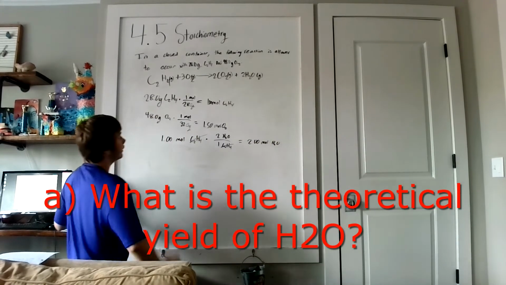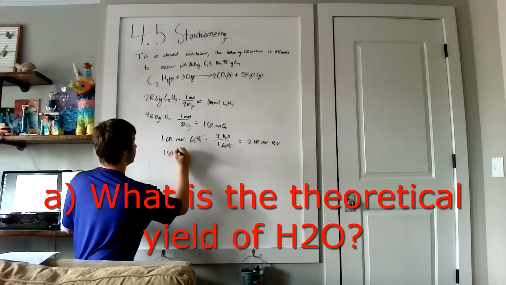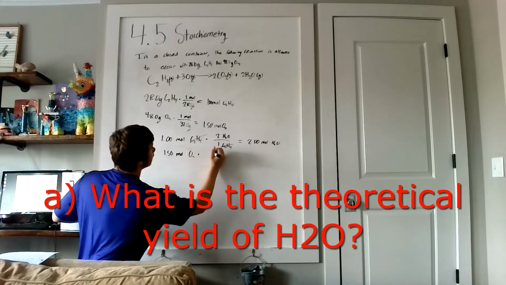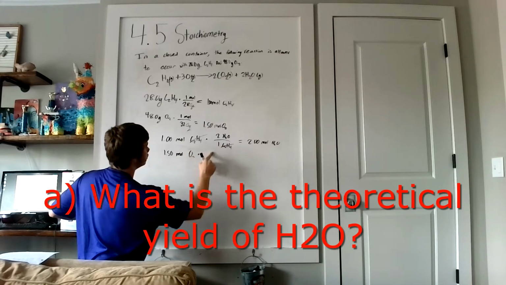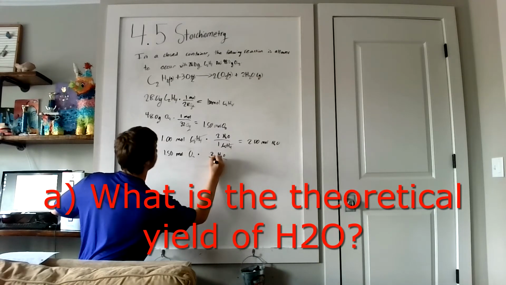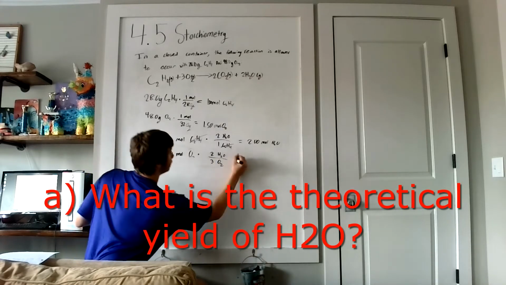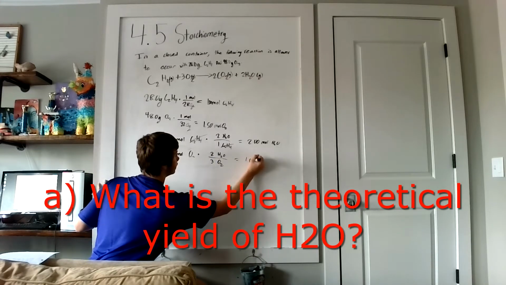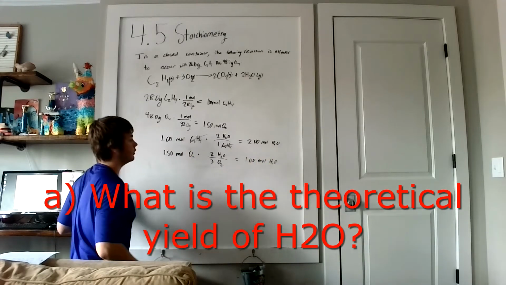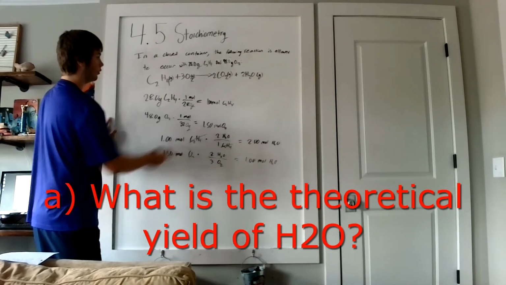Then we do the same thing for O2, where we have 1.50 mole O2 times 2 mole H2O over 3 mole O2, and that gives us 1.0 mole H2O. So as you can see, our limiting reactant is O2.